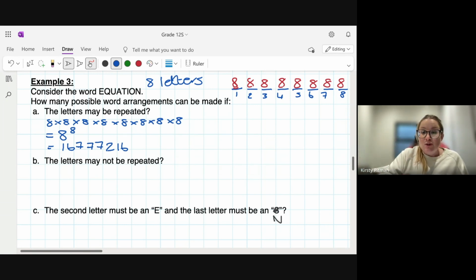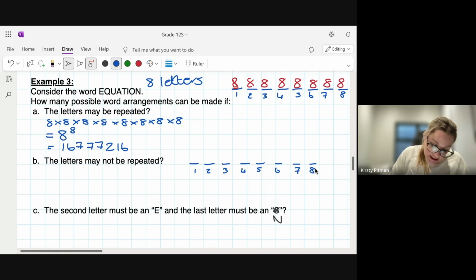So the total number of arrangements of 8 unique letters, we can work it out. So this is now space 1, 2, 3, 4, 5, 6, 7, 8. Some people like to do this each time. In space 1, I've got 8 letters I can use.